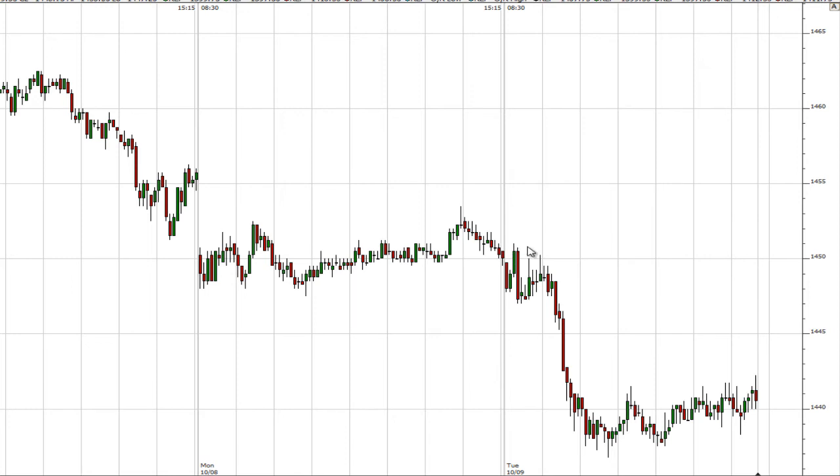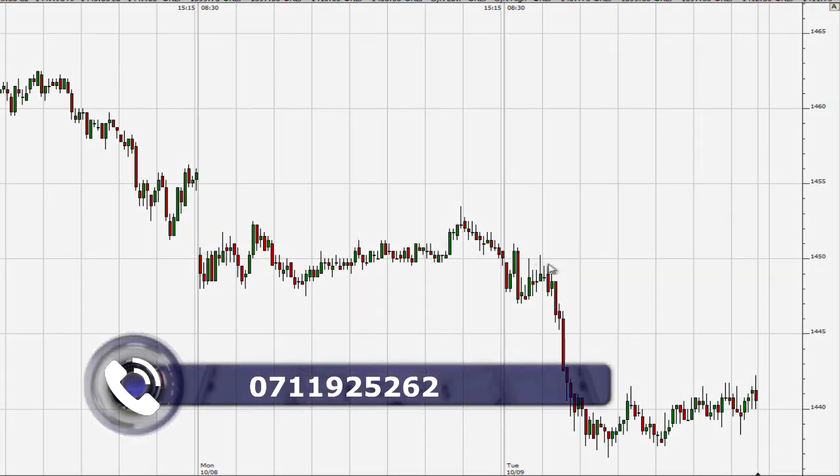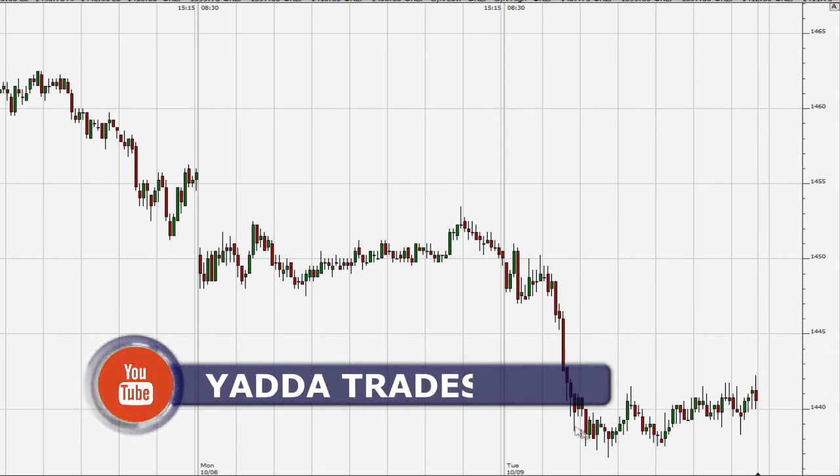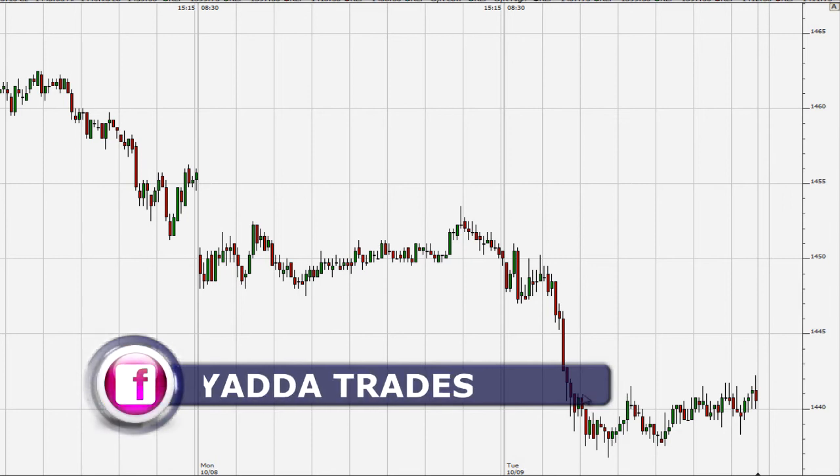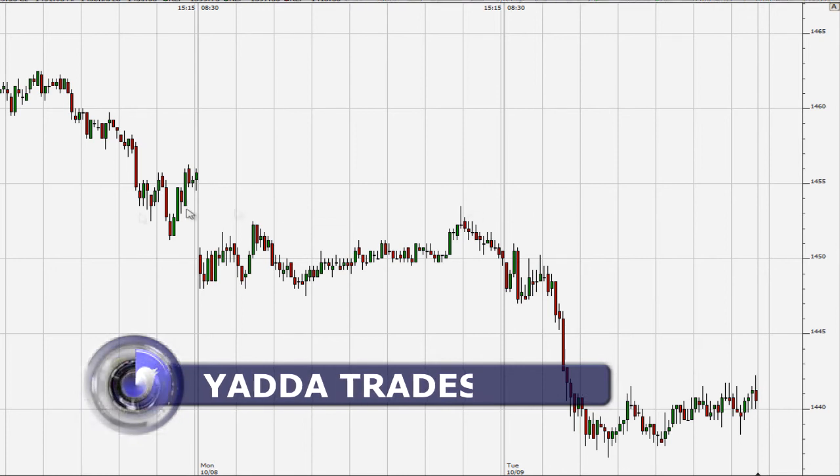And in this instance, it was telling us it was likely to be down because this high volume node was holding. So if you were selling here, this kind of move is not completely unexpected. You could have a good idea that there could be something when you get this kind of NR day.